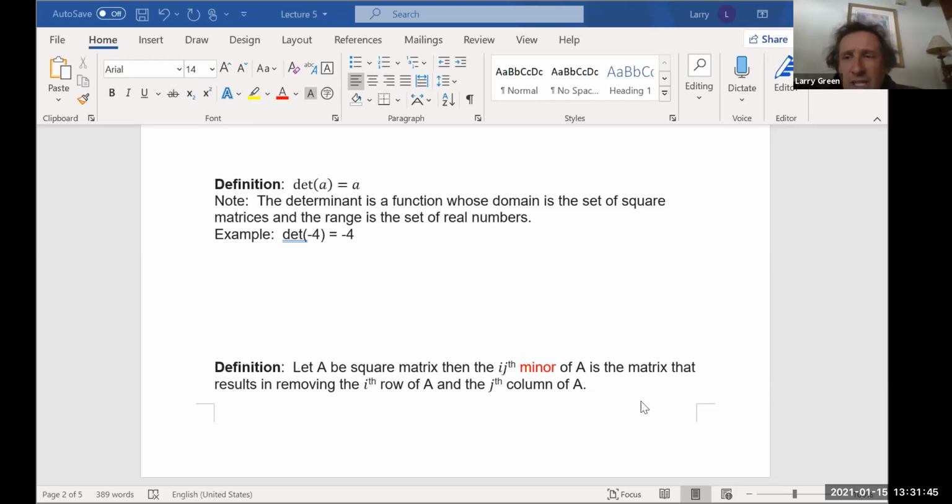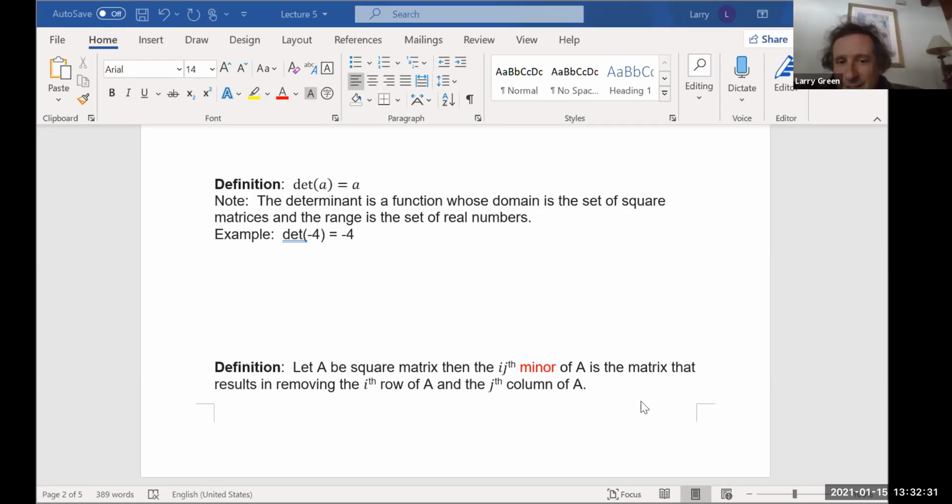Any questions? So if you start out with a 5 by 5 matrix, and let's say you took the 2,5 minor, what's the dimension of the matrix you get? 2 rows, 5 columns?